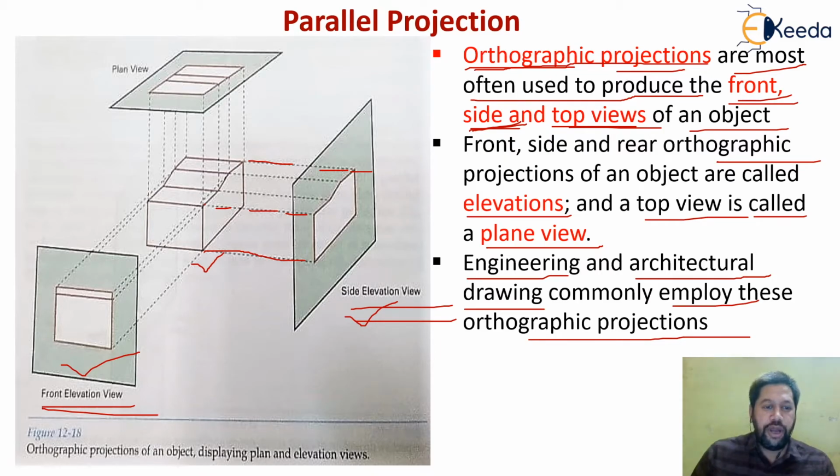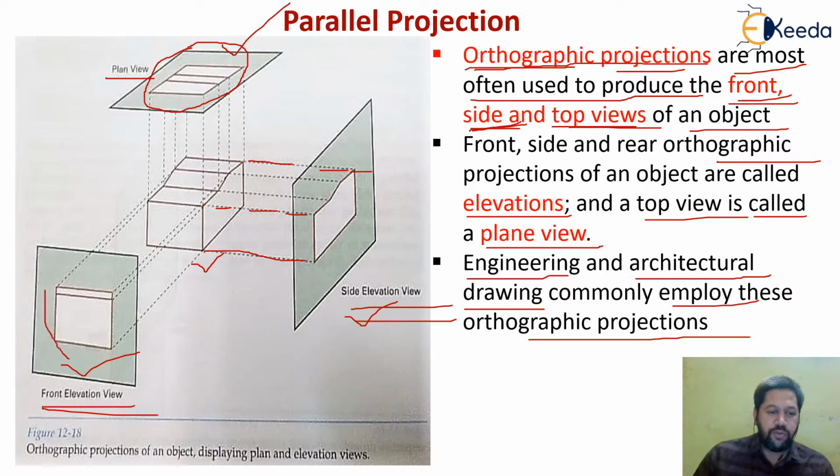Similarly, I'm going to take the top view of the object. Generally the top view is called the plane view. That is what we have written: plane view means it is my top view. You can find all these parallel lines are connected, and my object will look from the top, or for the plane view, something like this. So this is my top view or the plane view.